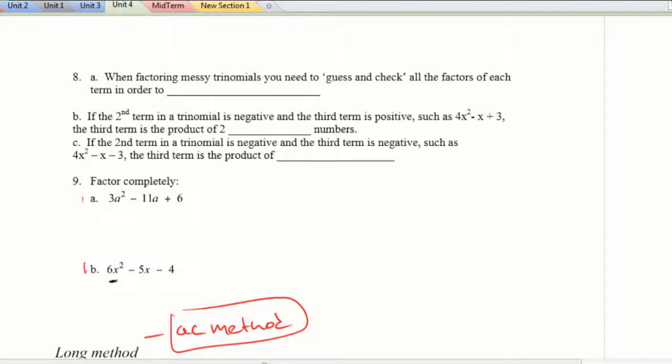B, if the second term in a trinomial is negative, the third term is positive, the third term is a product of the 2 numbers. If the second term in a trinomial is negative and the third term is negative, such as this, the third term is the product of. That's just all really confusing to me. If you use the AC method, it'll work all of the time.